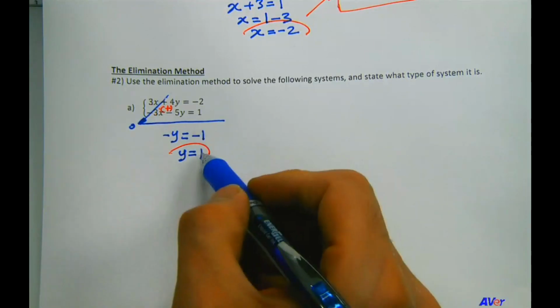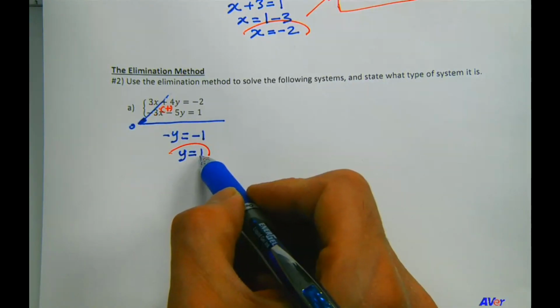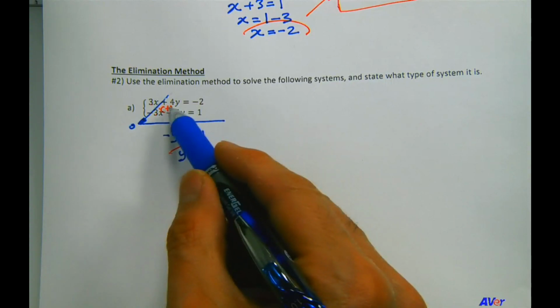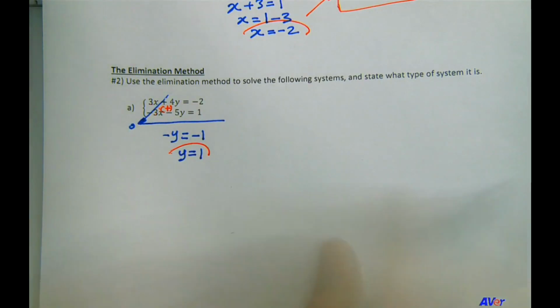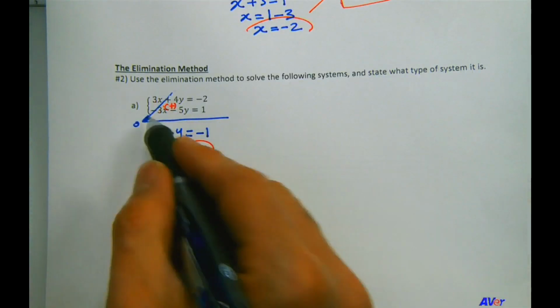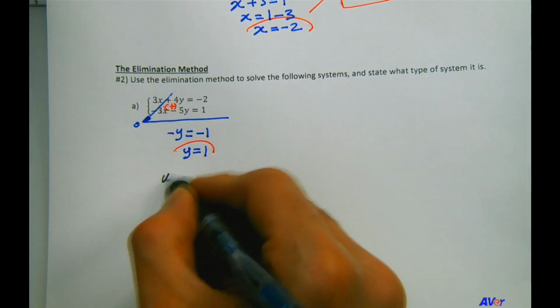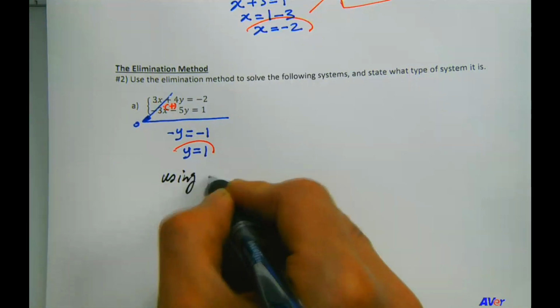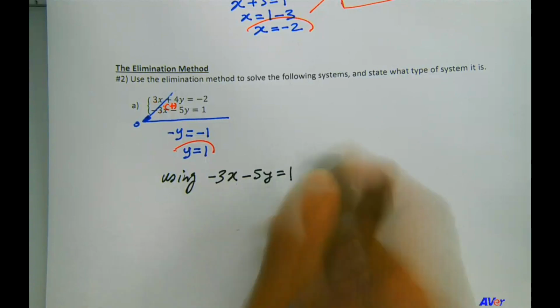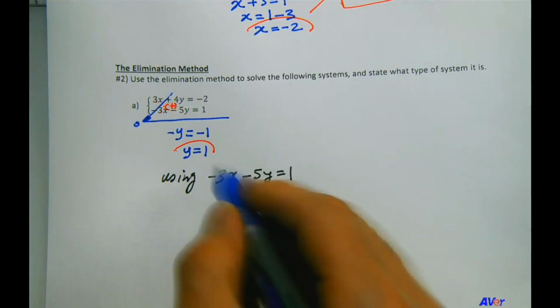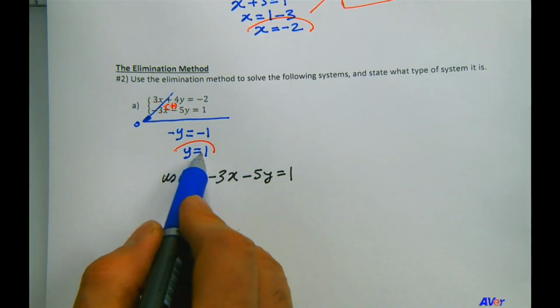So now, substitute this y equals 1 into any of the original equations to solve for x. Let's use whichever one is easier. I'll use the bottom one. So using minus 3x minus 5y equals 1, and for y we're going to substitute 1.